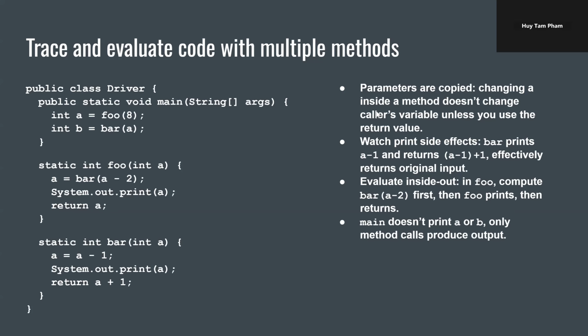Then it's going to print 5. Then it's going to add 1, which effectively returns the value r. If the value a itself is 6, then the first a is going to give 6.